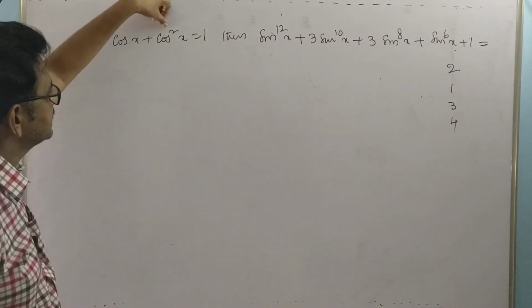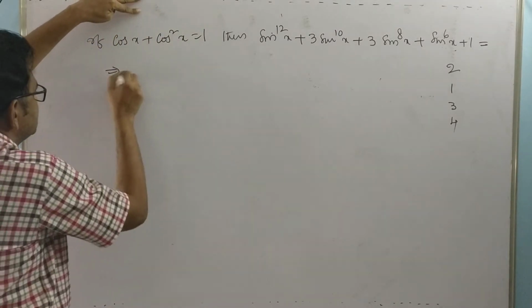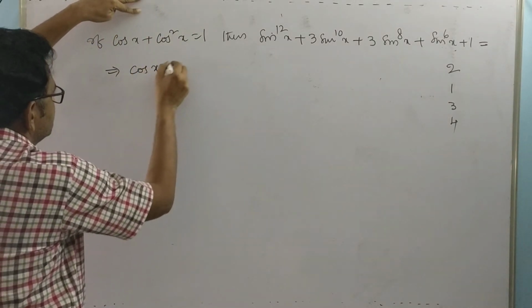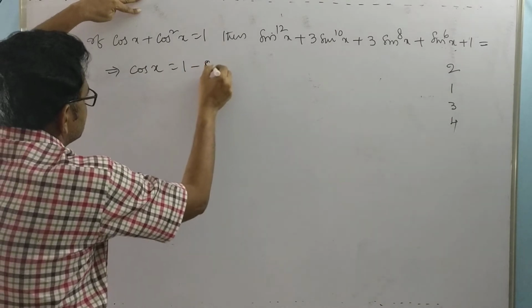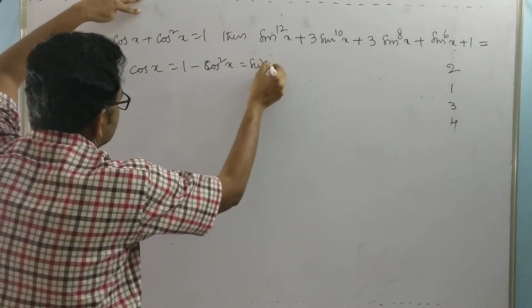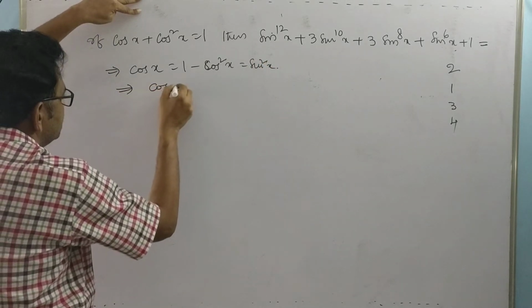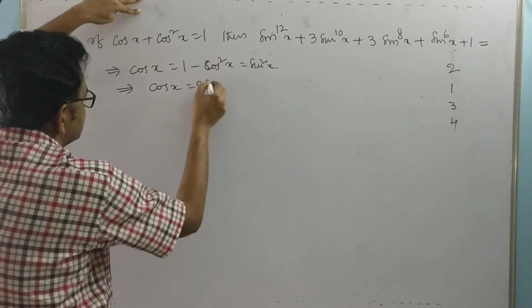Given cos x plus cos square x equal to 1. From this, cos x is equal to 1 minus cos square x, that is equal to sin square x. So that implies cos x is equal to sin square x.